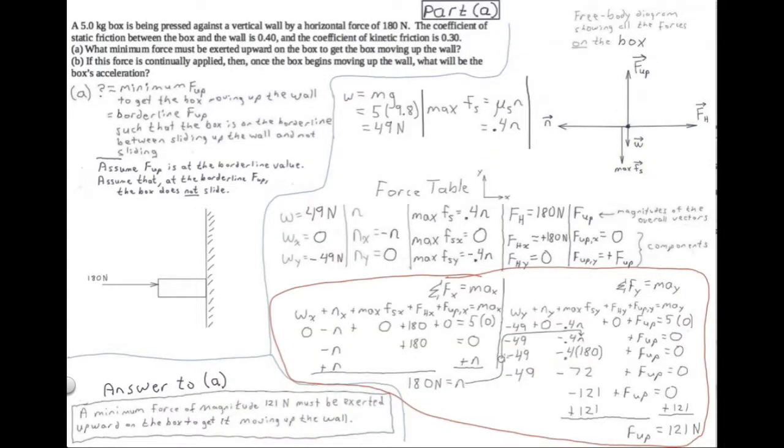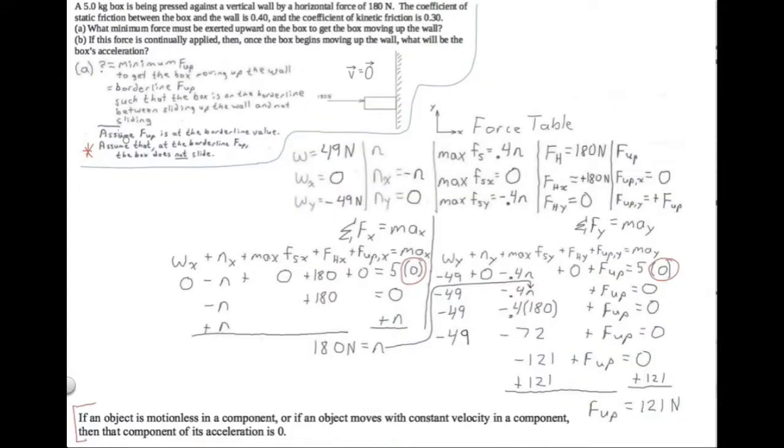Now let's work with the Newton's second law equations. For part A, we're assuming that the box does not slide, which means for this problem that the box is motionless. This box is completely motionless in part A for both components.